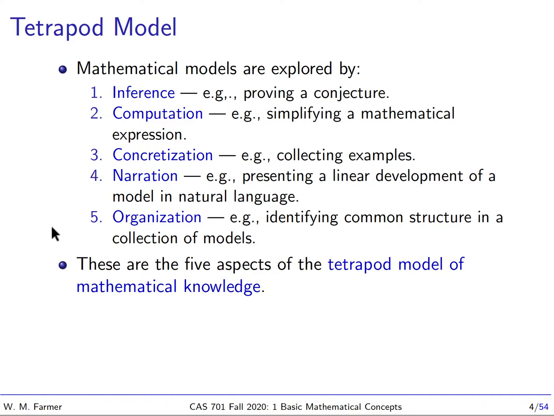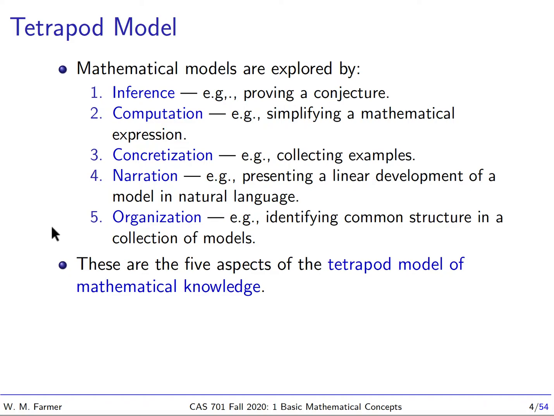And a good example would be proving a conjecture. We think something is true in our model, so we try to prove it. If we prove it, then we know that this thing is true in our model. There's computation. An example would be we have a mathematical expression that says something, and we simplify it using computation, and now we get an expression that's easier to understand, perhaps.